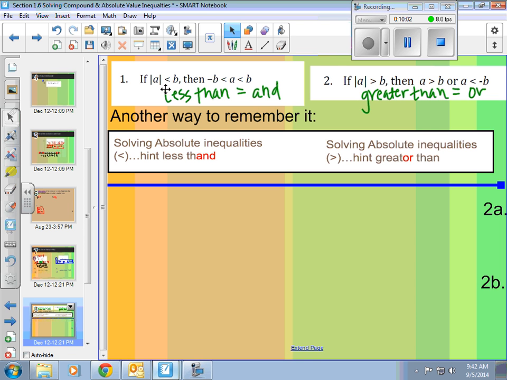Another way of remembering it when solving absolute value inequalities is a hint: less than has the word and in it. Same thing with greater than. If it is a greater than, it ends in a sound like or. So that's one way to remember it as well.